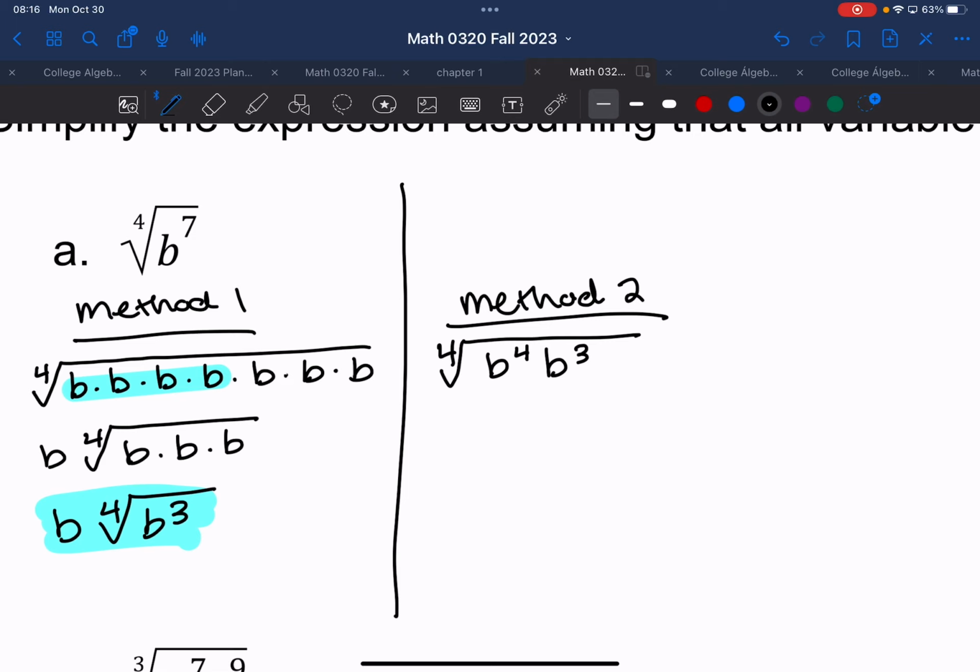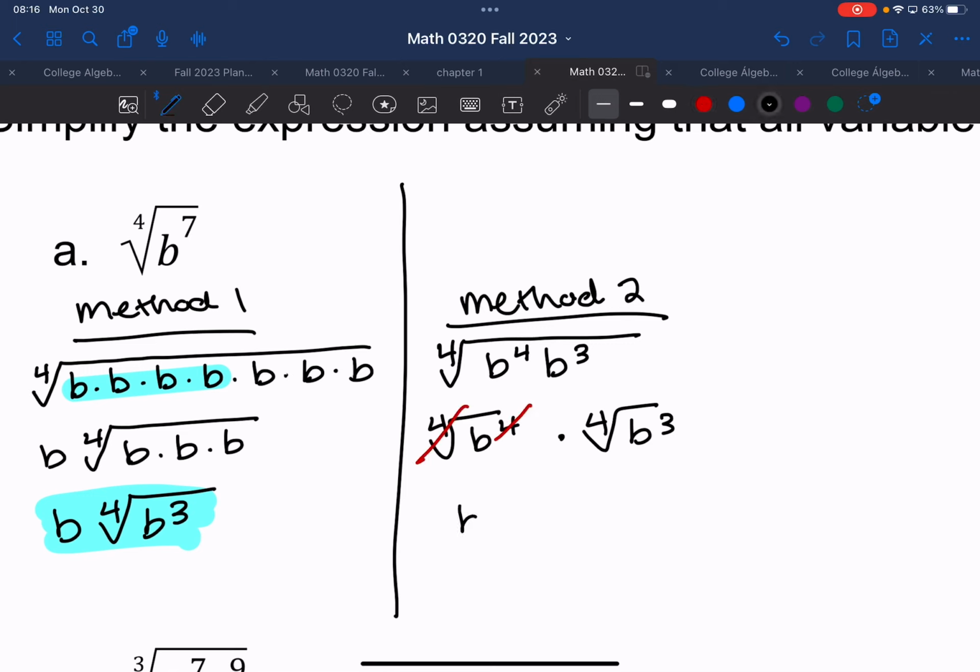Okay. From here, we know that we could separate the radicals. We could separate the 4th root of b to the 4th times the 4th root of b to the 3rd. Once we separate the radicals, we see that the 4th root and the exponent of 4 cancel.